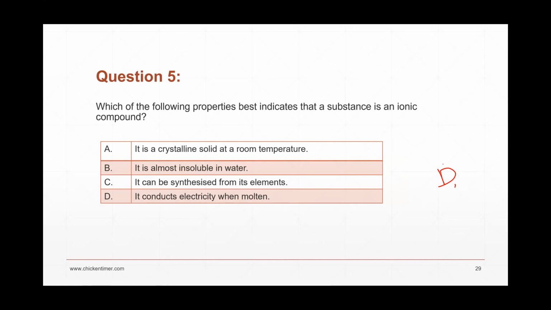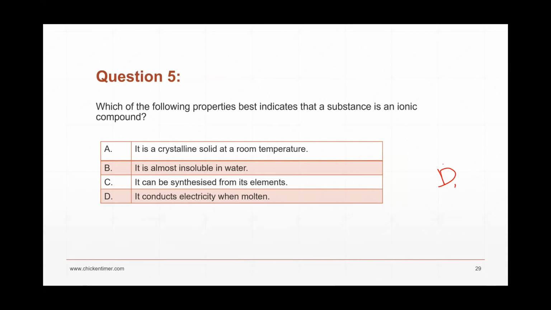It can be in powder form, then it's not crystal. Then is it almost insoluble in water? No. It is soluble in water, not insoluble.